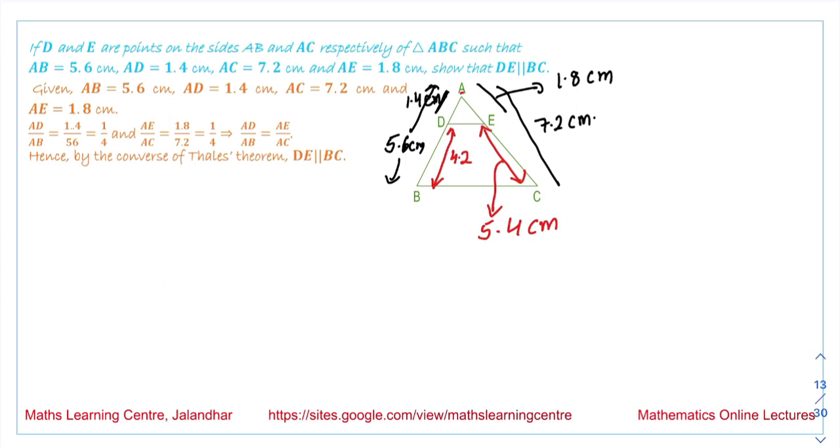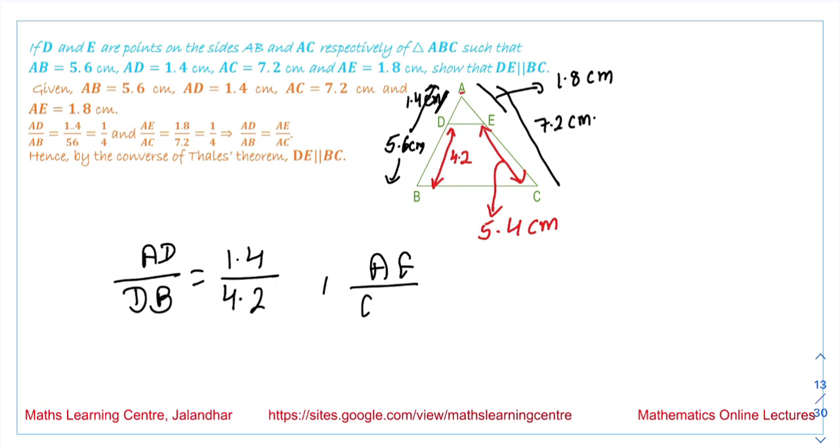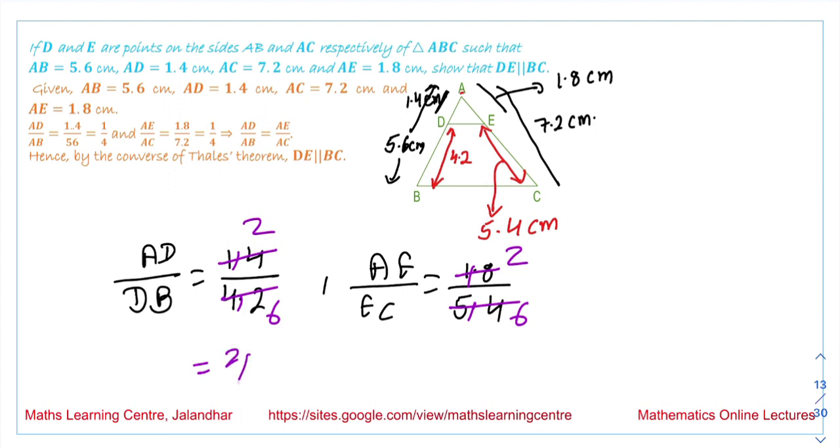So if we look at the values, AD over DB is 1.4 over 4.2, and AE over EC is 1.8 over 5.4, and both these values are equal to 2 by 6 and 2 by 6.